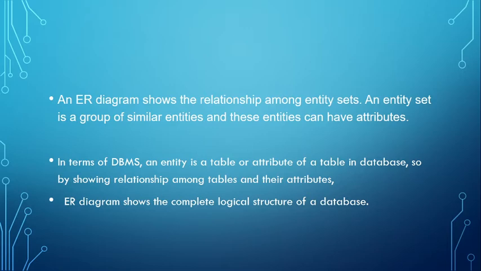All these things will be clearly mentioned in the diagram, so that the database administrator or the database designer can easily design the structure for a database and can sort the raw data into this structure. That's the reason why we say it is a blueprint of a database.